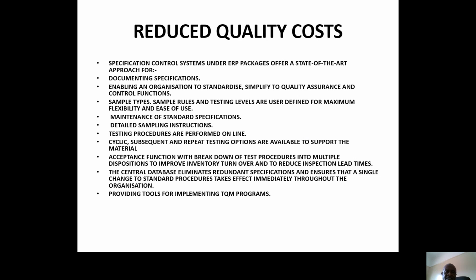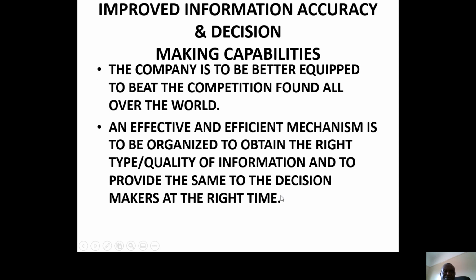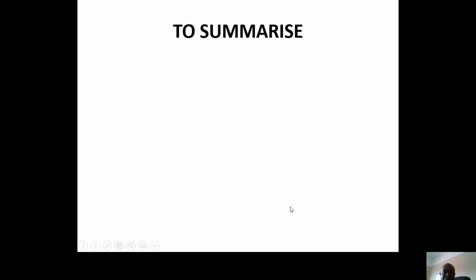Then you've got the detailed sampling instructions. Testing and procedures are performed online, not offline, providing tools for implementing the programs. So this is a very useful system. Improved information accuracy and decision making. It's more of just re-emphasizing what we have already mentioned.